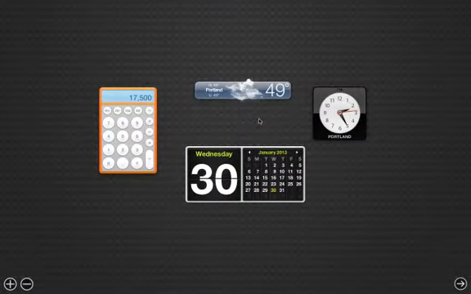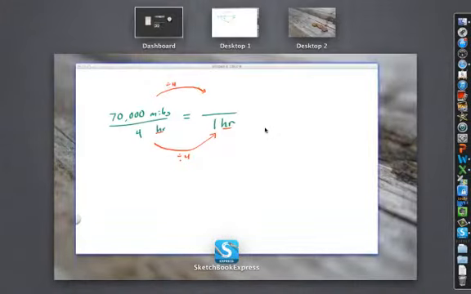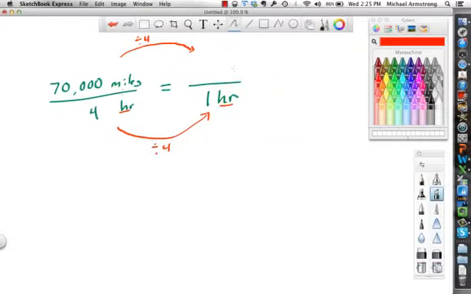It's definitely a calculator exercise. I'm not going to make you do long division here, although it would be okay with me if you did. 70,000 divided by 4 equals 17,500 per hour. That's how fast it is. Wouldn't you like to be able to go 17,500 miles per hour? That would be awesome. But I think you'd have to be in space to manage that.